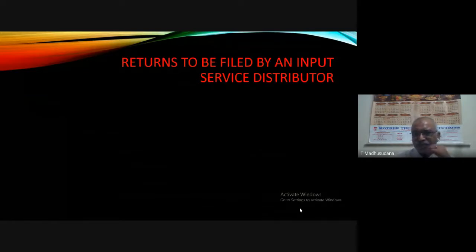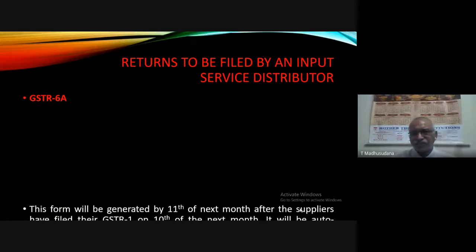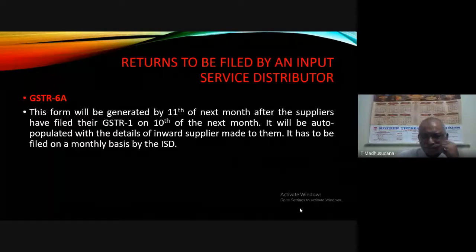So the input service distributor also should file returns. The form in which they have to submit returns is GSTR 6A. This form will be generated by the 11th of the next month, after the suppliers have filed their GSTR 1 on the 10th of the next month.